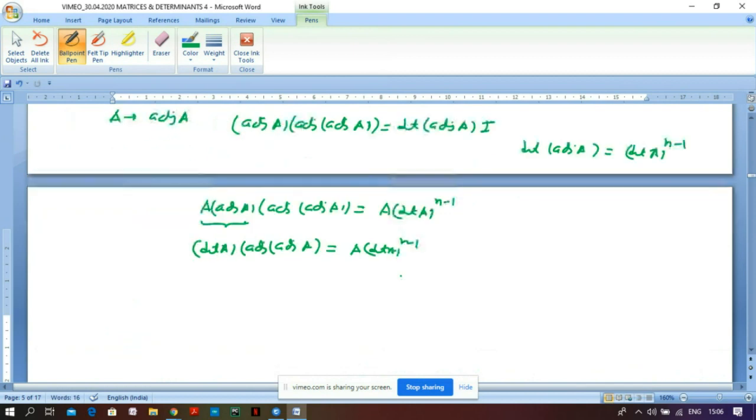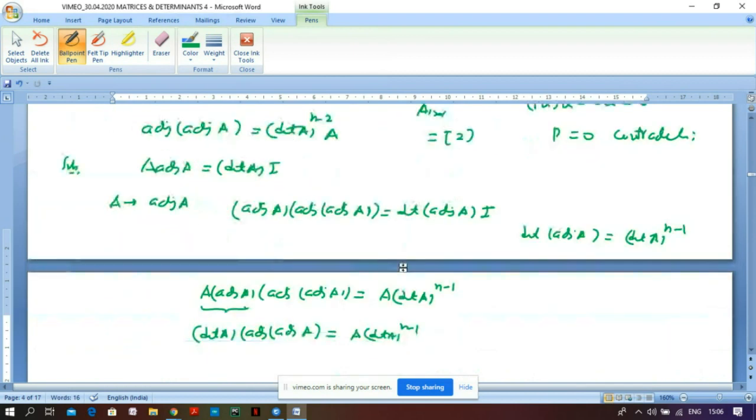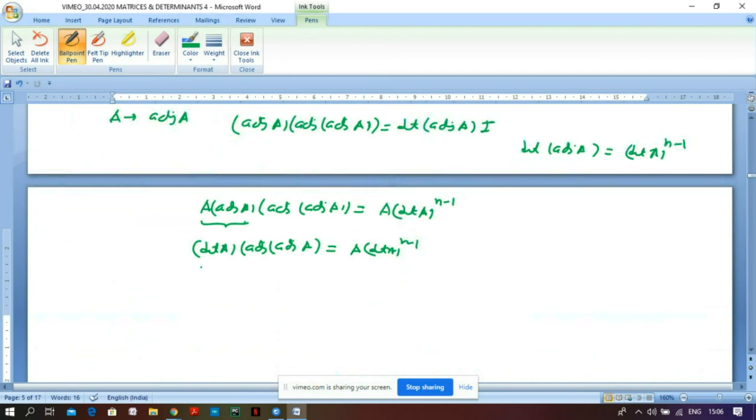And we can make the cases. So suppose A is not invertible, then of course det of A is 0, so we need not discuss that case. Other is if A is invertible. If A is invertible, it implies det of A is not 0, and then it's not a trivial result.